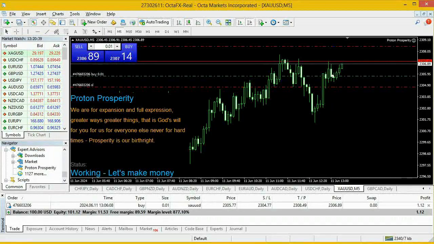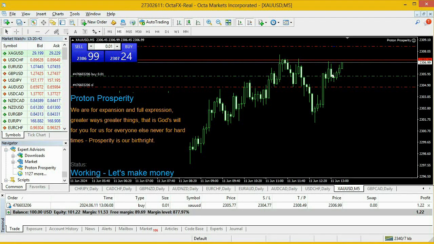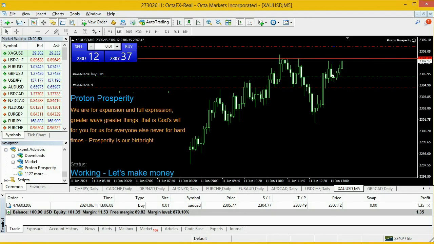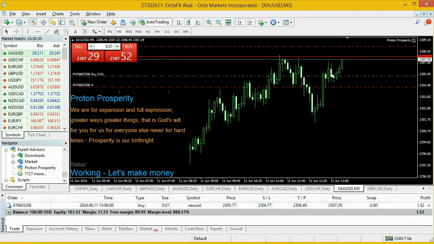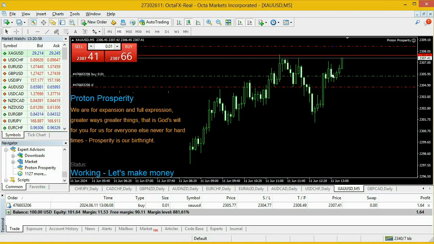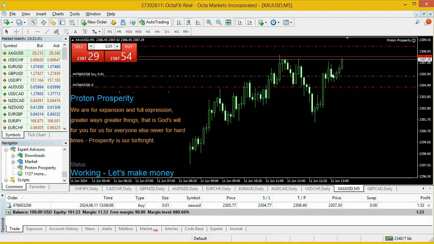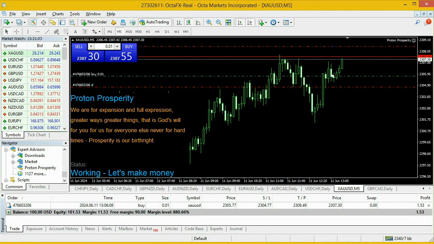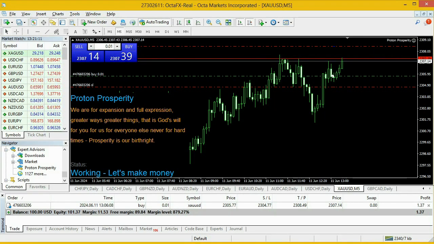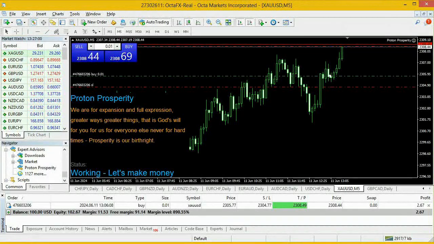This is where we are, almost 15 minutes into the trade. As you can see, price is moving towards our profit target. Moving forward. This is 20 minutes into the trade.